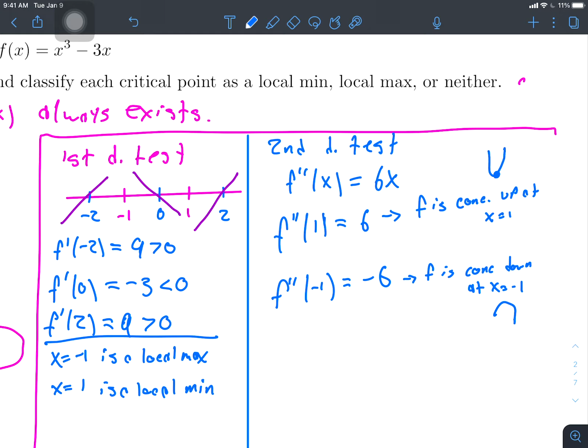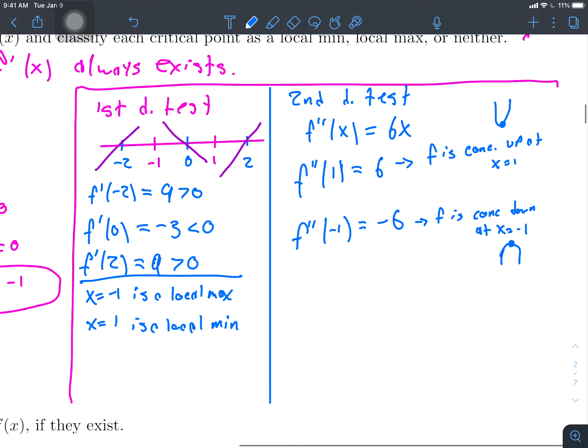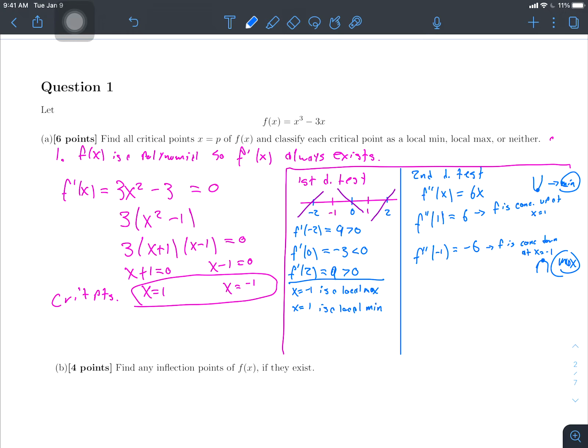If we're concave down, then we look like this. And that's how I can tell that this is going to give us a min at x equals 1, and it's going to give us a max at x equals -1. So that's the second derivative test.